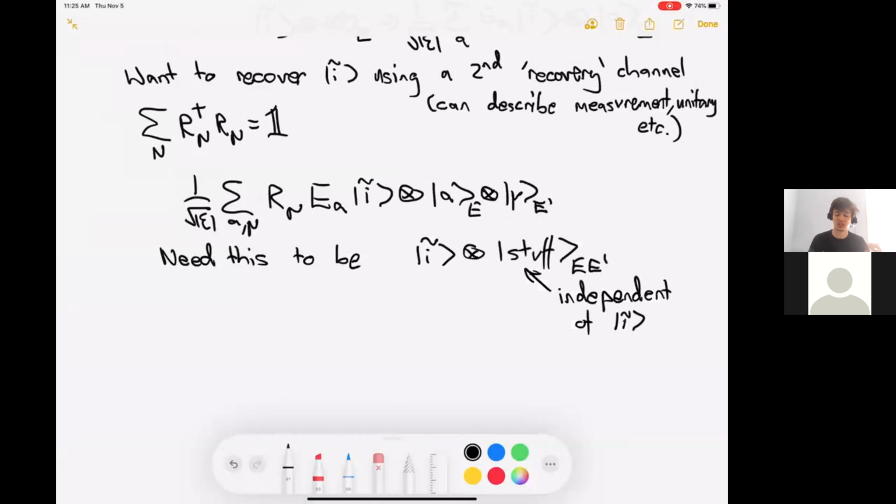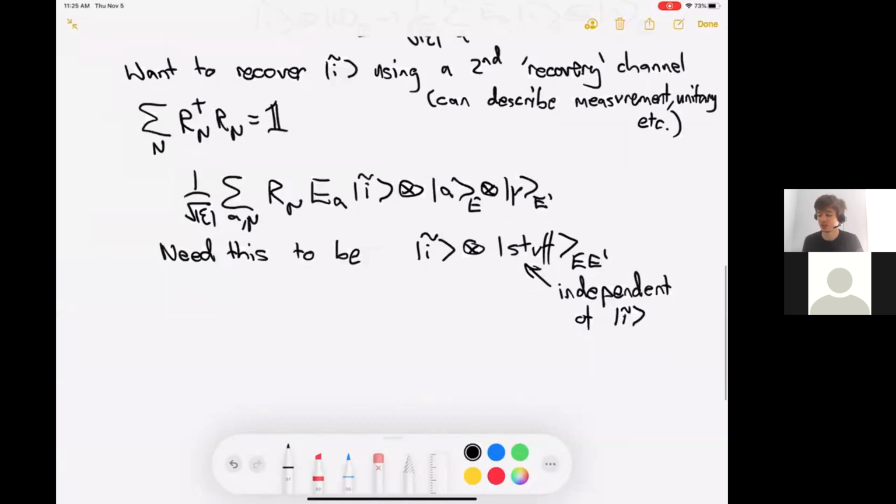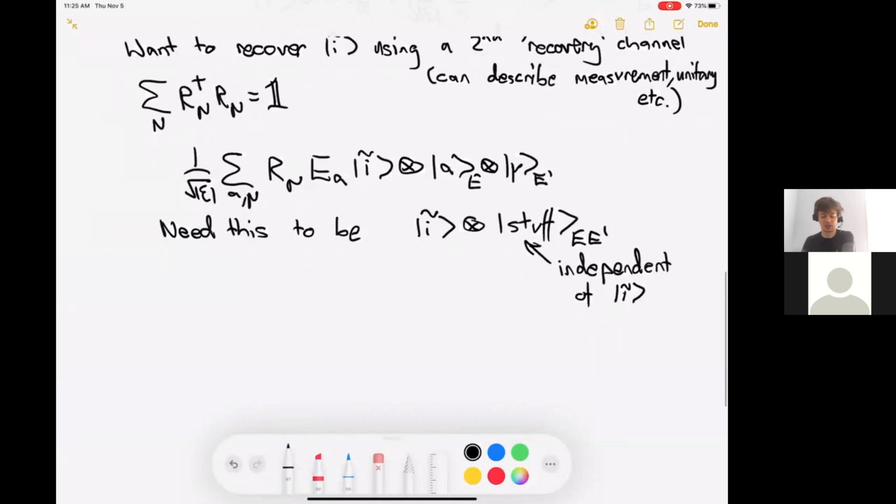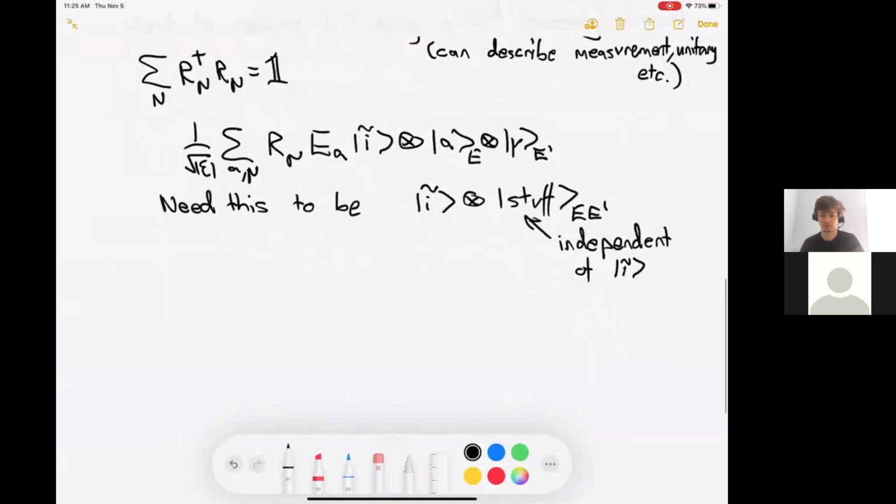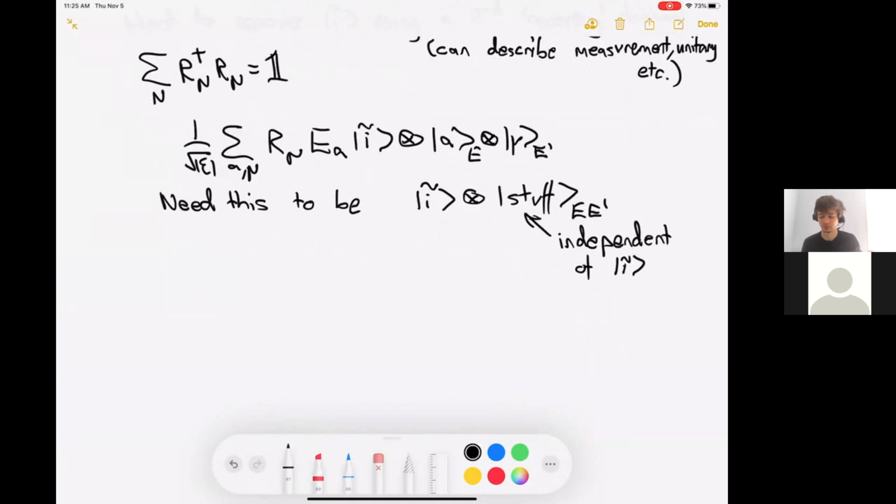Otherwise, if you had superpositions of I tilde, then the state would get entangled with the environment and it would decohere. It would effectively have been measured. But if the end result is the system is in state I tilde and then E and E prime are together in some state, whatever that might be, then nothing has happened to the state. There's just been some evolution of the environment and we've corrected the error. Any questions about that?